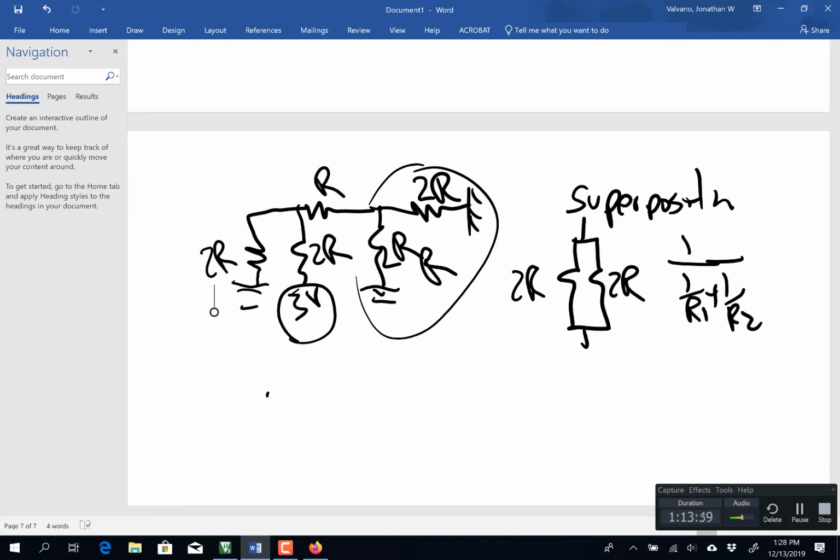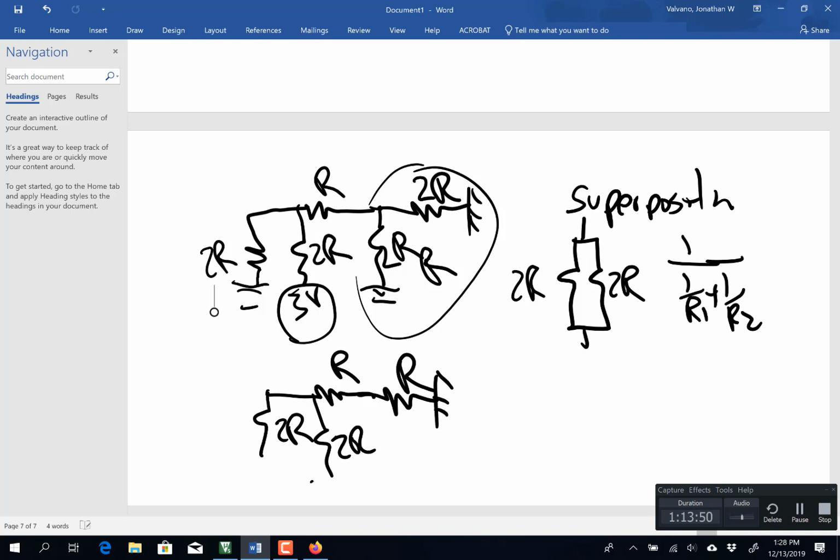Okay? So I have this guy, 2R, R, ground. And that guy's 2R, 3 volts. Okay, so I need another one. What if the 2 resistors are in series with each other? What do I do? Those 2 resistors are in series. I add them. Okay?